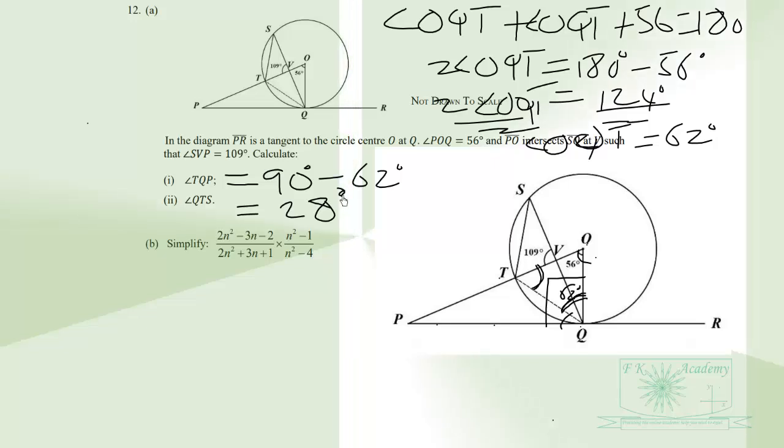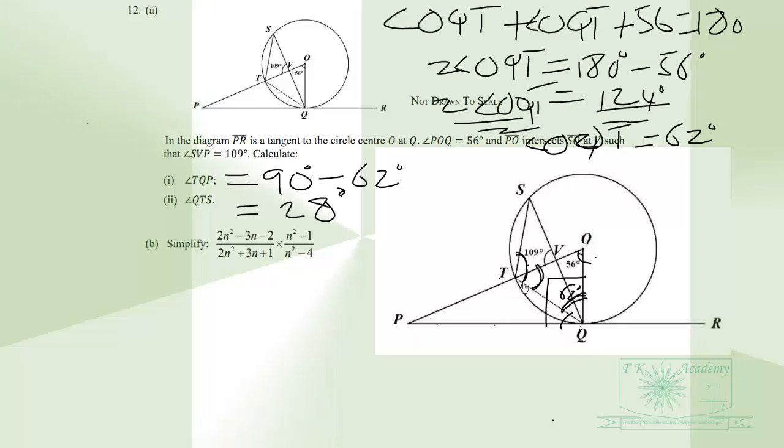Now we need to calculate angle QTS. Angle QTS, this whole angle here. So how do we do that? We know that this angle here is 28 degrees because it should be half of 56 degrees.